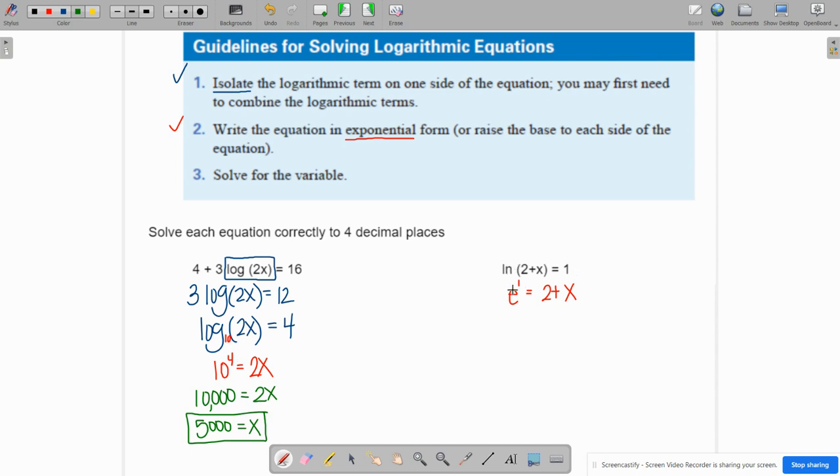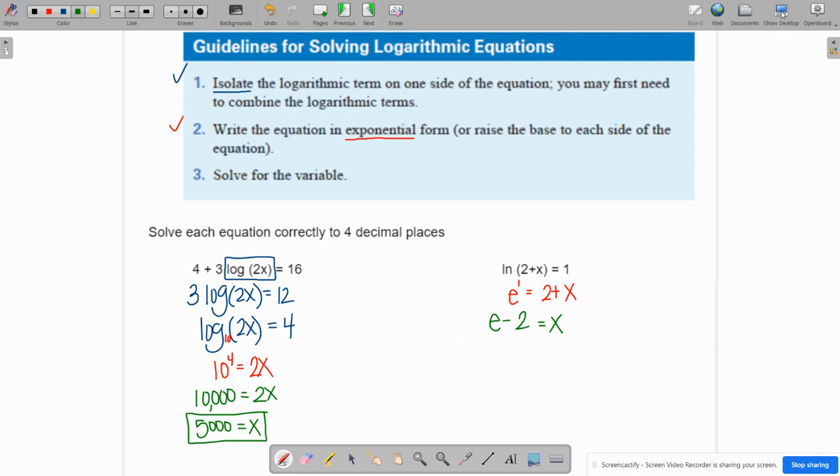Over here, we have the natural log of 2 plus x equals 1. Remember, as soon as you have an e involved, we're probably going to have to use a calculator here. So in this case, when we rewrote it and we had e to the 1st power equals 2 plus x, I know I can isolate x by taking away 2, so that's going to be e minus 2, but I don't know what this is off the top of my head.